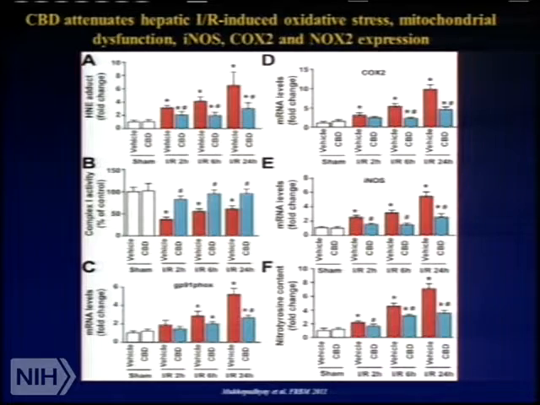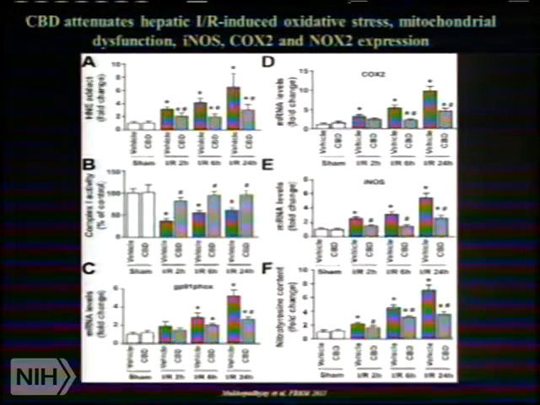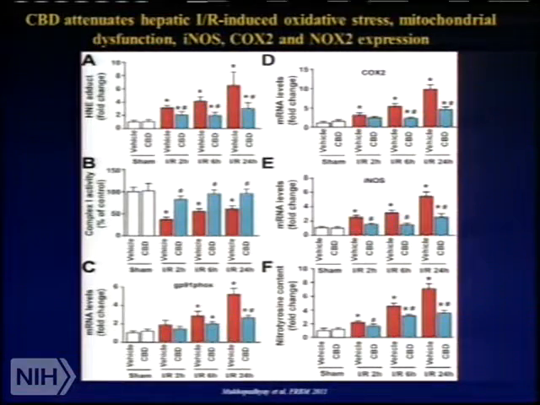Then other players: you see the 4-HNE, a marker of stable lipid peroxidation. There is a time-dependent increase with ischemic reperfusion and attenuation. And this is COX-2.